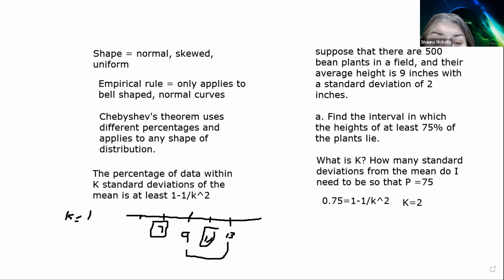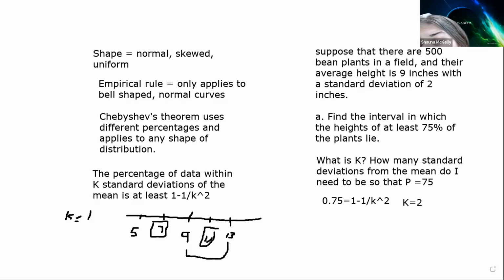So according to Chebyshev's theorem, in this particular case, 75% of your bean plants, or a little less than 400 of them, would be between 5 and 13 inches tall, because there are 2 standard deviations from the mean.